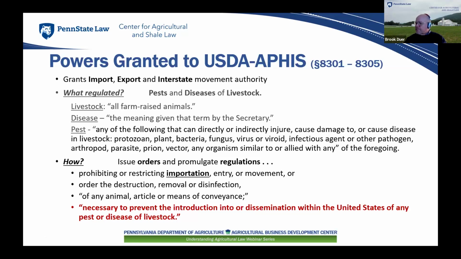Very rarely do government entities operate as heavily on orders as USDA does in this area of animal disease control. Orders become essentially the main instrument. The regulations, you'll see some later, are not all that detailed or all-encompassing because the orders are where it's at.